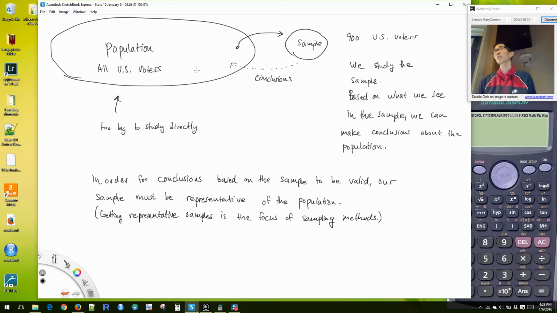And this can be applied to medical research. Maybe you want to know, is an experimental drug effective at treating cancer? Okay. The population that we would want to study would then be every single person that this drug can be given to, administered to. So probably anybody with a certain kind of cancer would count as someone in the population.